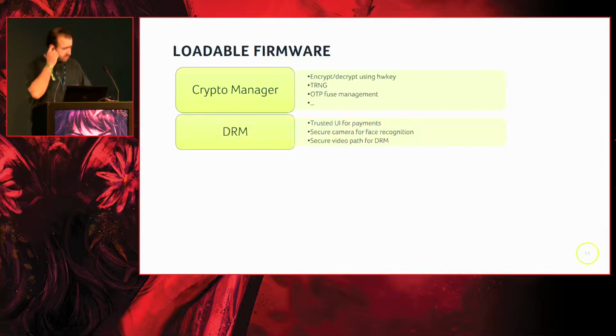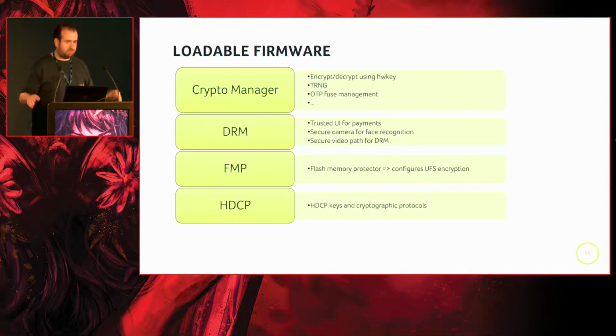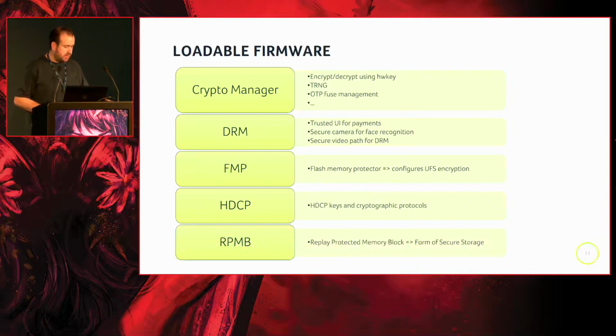Then we have a DRM loadable firmware, which is used for trusted UI for payments, so when you enter your PIN, secure camera for face unlock, and secure video path for DRM. We have the flash memory protector, used for transparent flash encryption. HDCP, the cryptographic component of HDMI. And RPMB, a form of secure storage that is implemented on the flash.